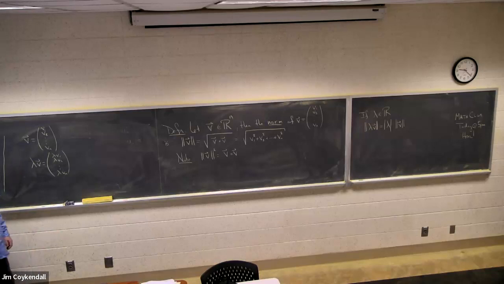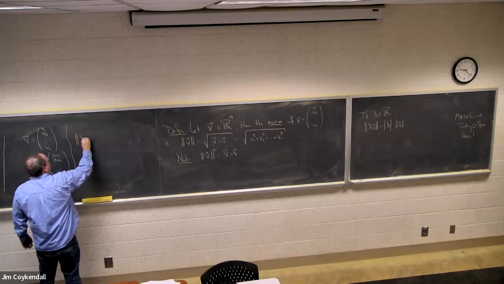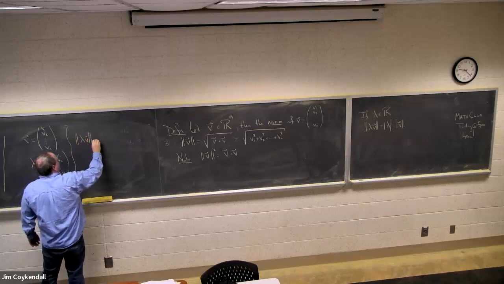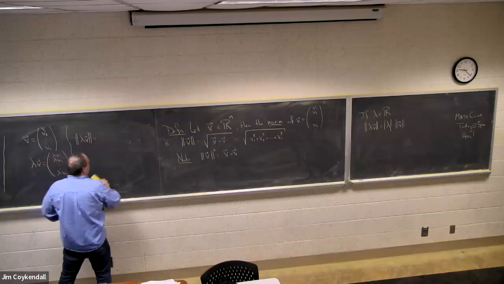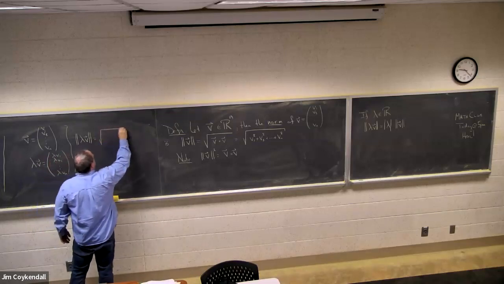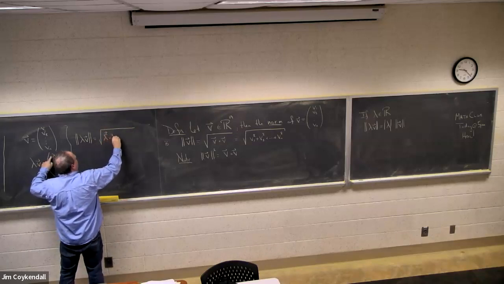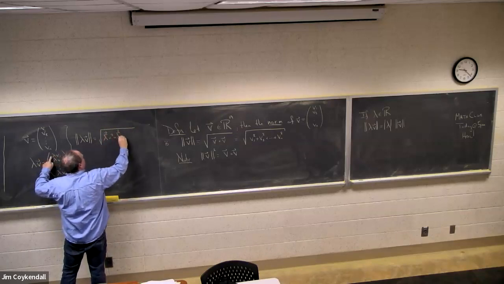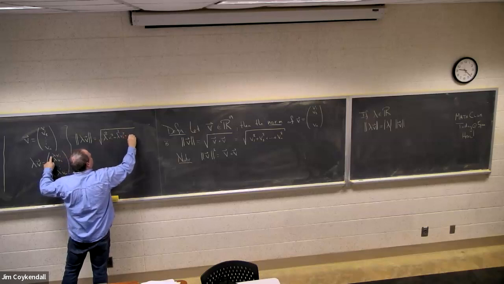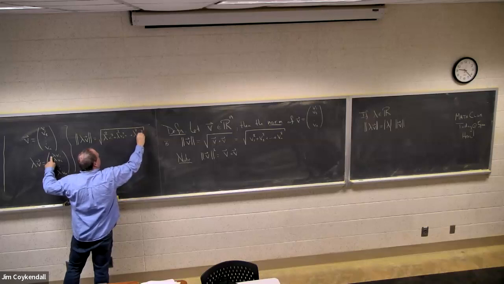So the norm is the square root of lambda squared b1 squared plus lambda squared b2 squared plus up to lambda squared bn squared.